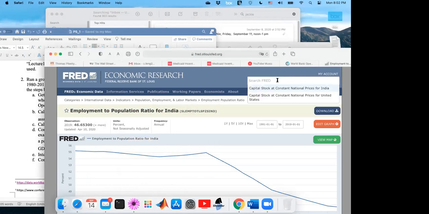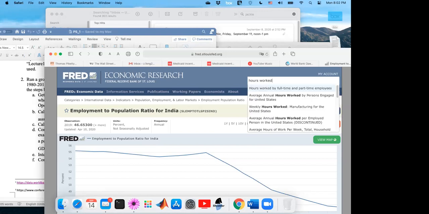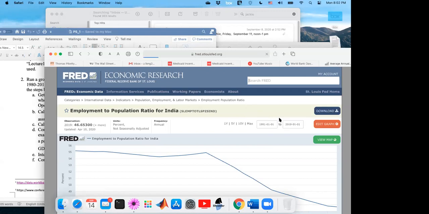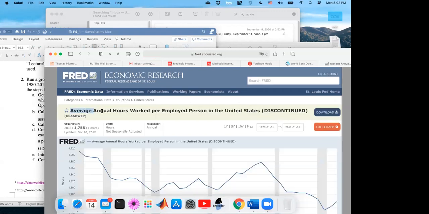Now the other thing we want to look at is hours worked. Maybe you can look at, for example, average annual hours worked per employed person.